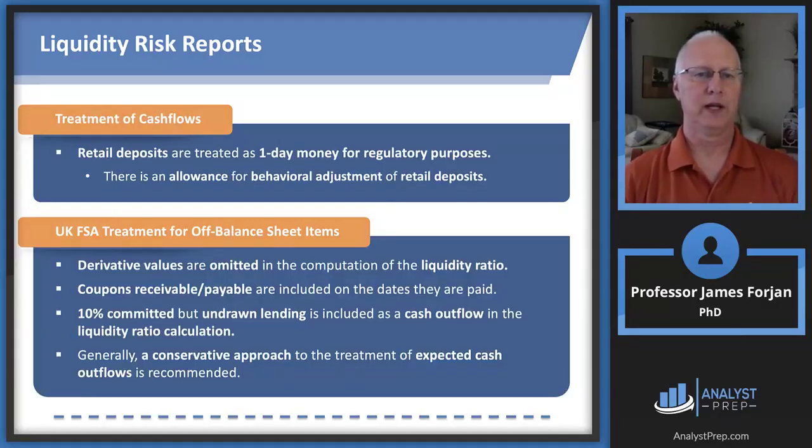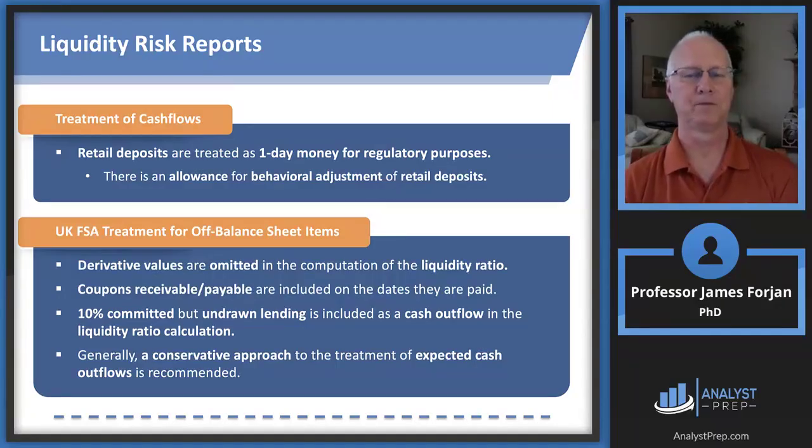How are we going to treat these cash flows? Allowance for behavioral adjustment of retail deposits. I always love when authors tell me about behavioral issues. Remember, I've said this before: behavioral errors, cognitive errors in the brain and emotional biases in the heart or the soul. So you really can't predict behavioral issues from retail customers.